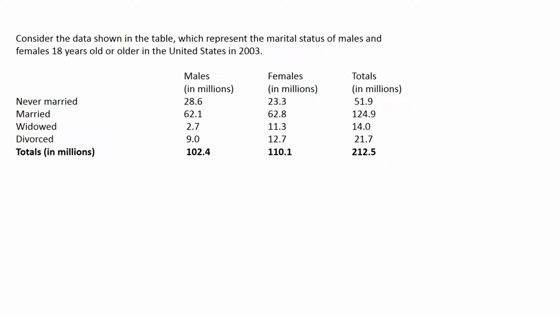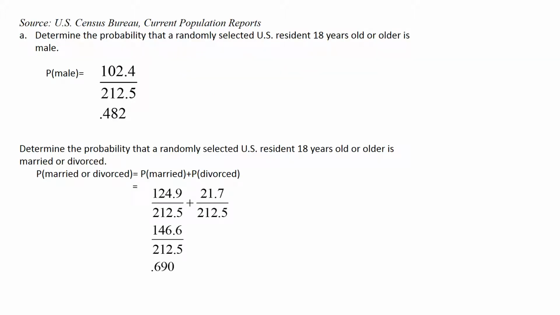The next question gives the data in a table which represents the marital status of males and females 18 years old or older in the U.S. in 2003. The first question is to determine the probability that a randomly selected U.S. resident 18 years old or older is male.